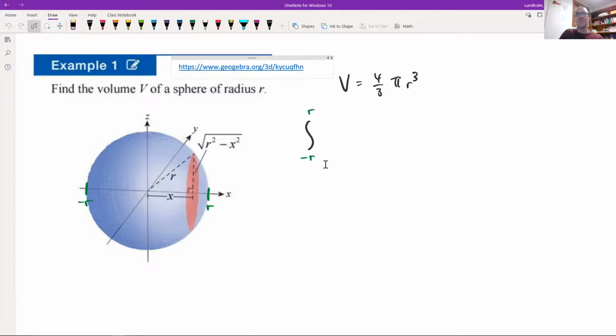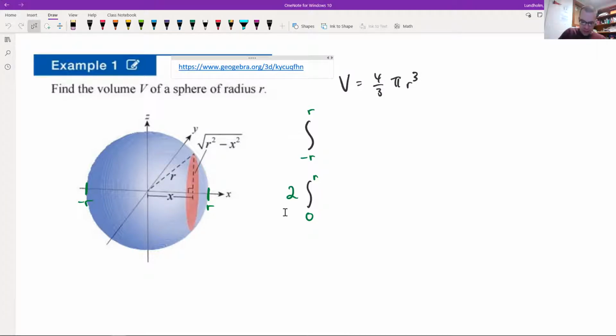And yes, there's some symmetry here. Indeed, the function that we're going to come up with is going to be an even function. And probably we could do 2 times the integral from 0 to r. Yeah, let's keep working with this one, and maybe we can change it later.